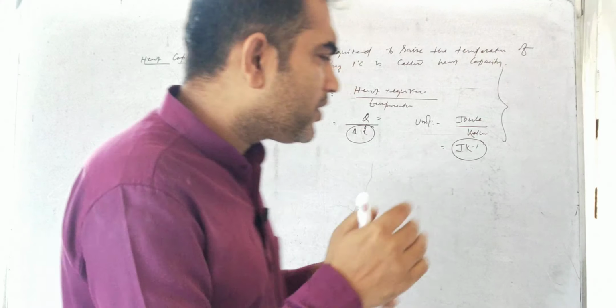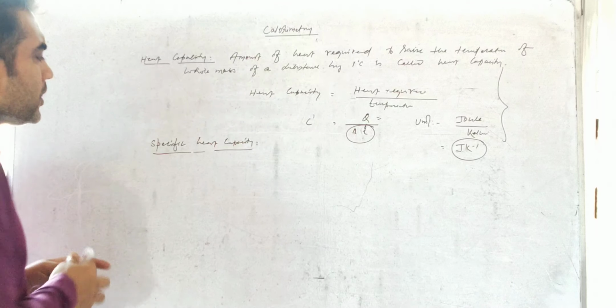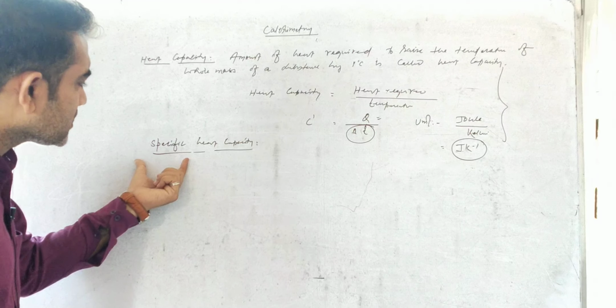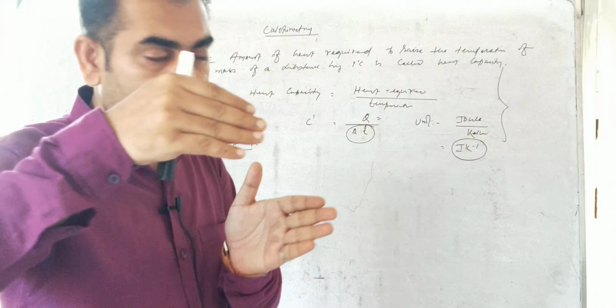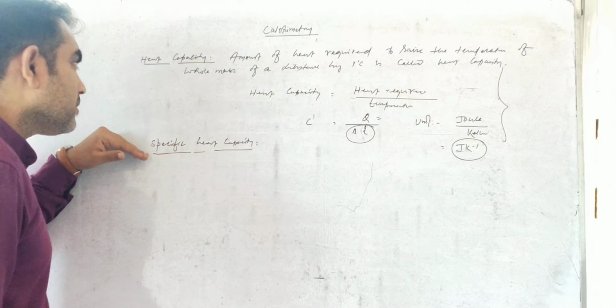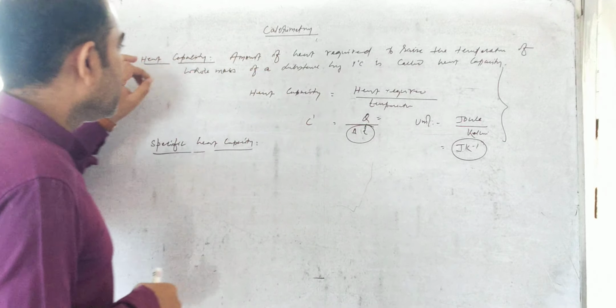So here is the same thing. It is heat capacity, but this time the specific heat capacity, that means for the particular amount. The definition will be the same, with little modifications.